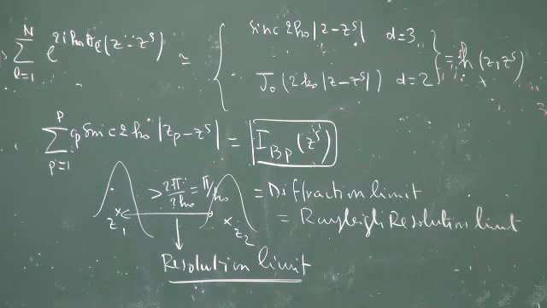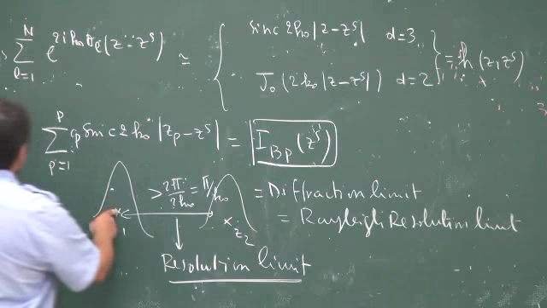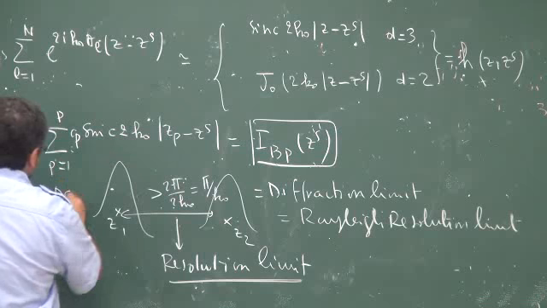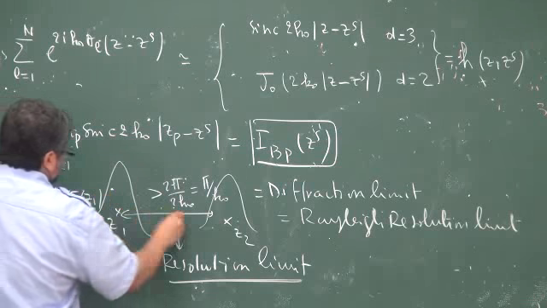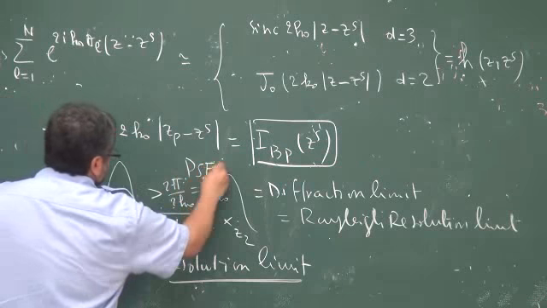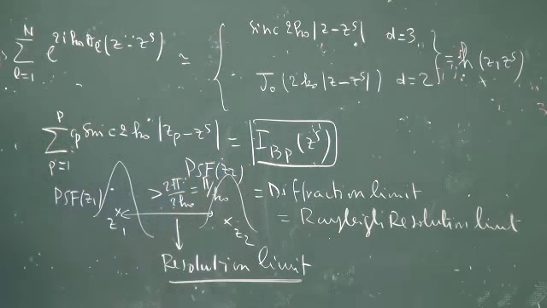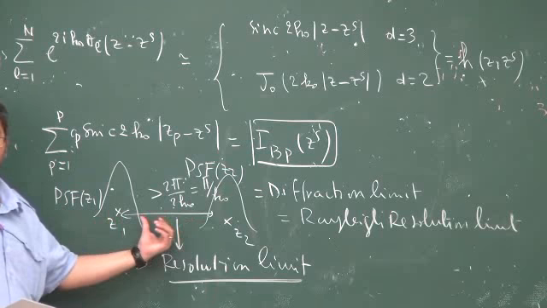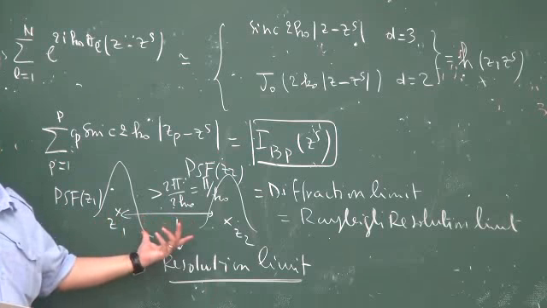So when you have two points, Z1 and Z2, you represent the PSF at Z1, and you represent the PSF at Z2, and the resolution limit is the distance from which these two merge.